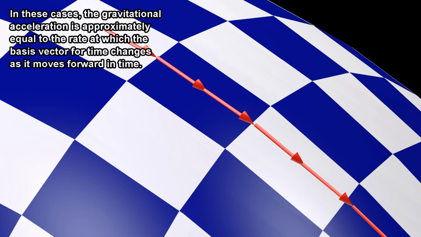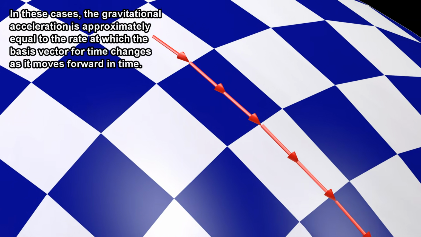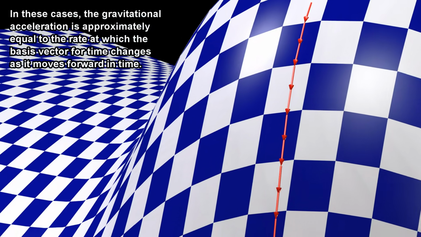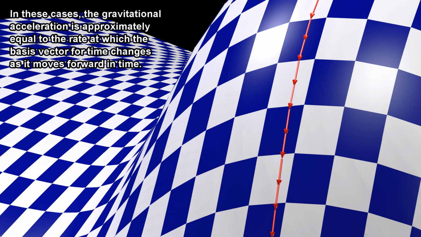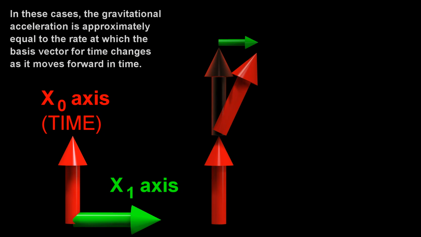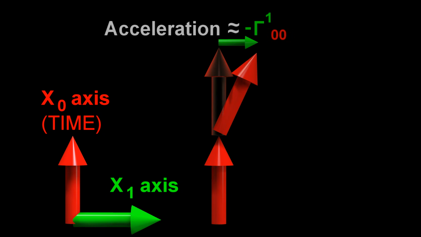In these cases, the gravitational acceleration is approximately equal to the rate at which the basis vector for time changes as it moves forward in time. This change is due to curvature.